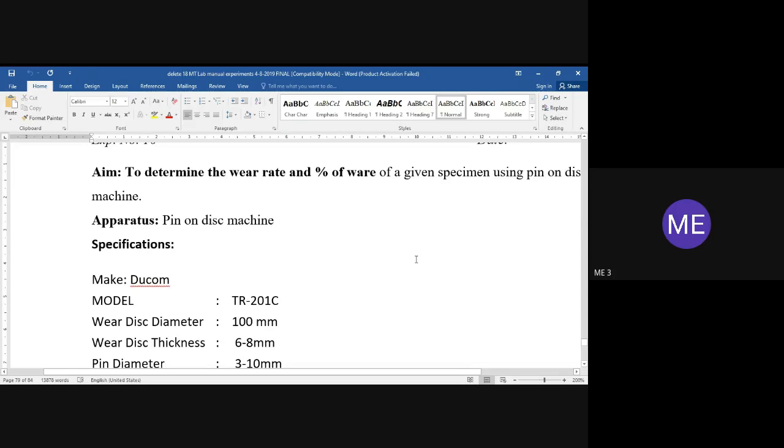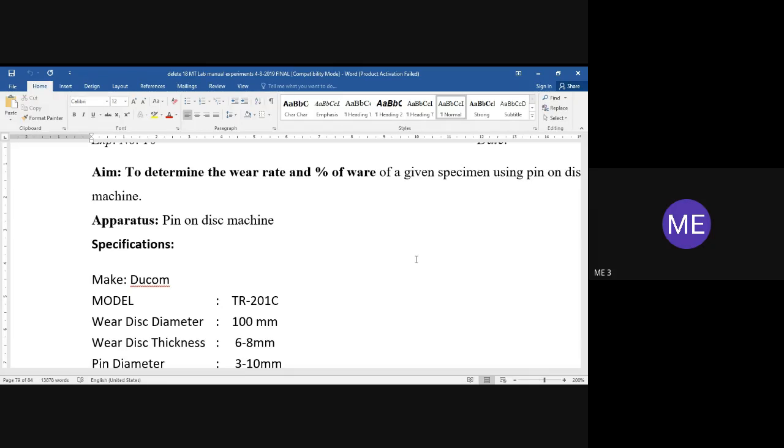Imagine we have one tire. You are mounting the tire on a truck. Before mounting the tire on the truck, you measure the weight of the tire. Only the tire, not the wheel. Then after 2 or 3 years, you take out the tire and clean it. Once again you measure; suppose today the tire weight is around 50 kg.